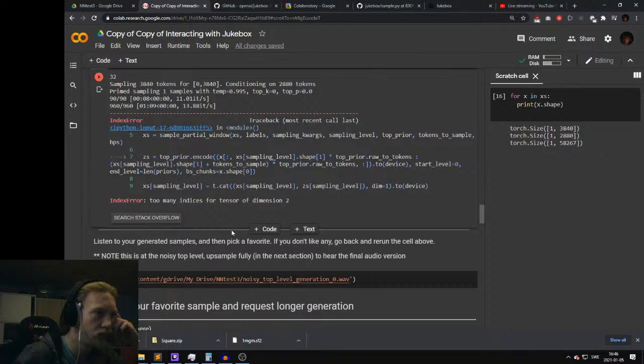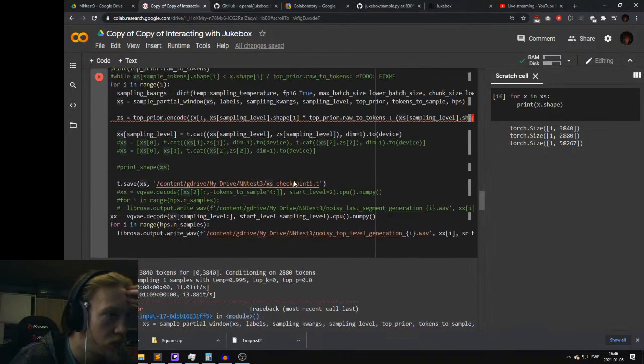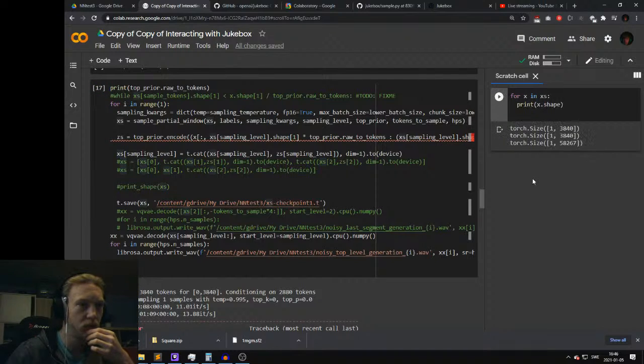But too many indices for tensor of dimension 2 in encode. Uh-oh.